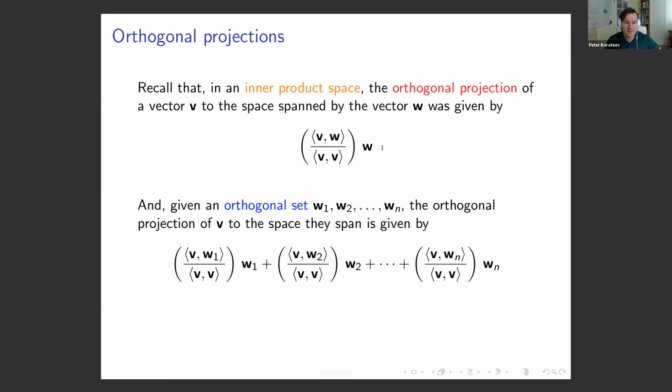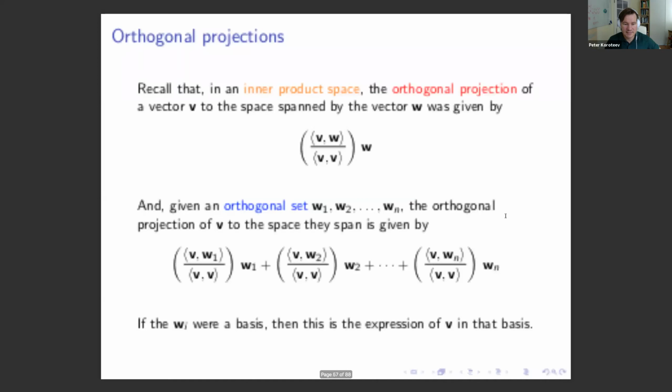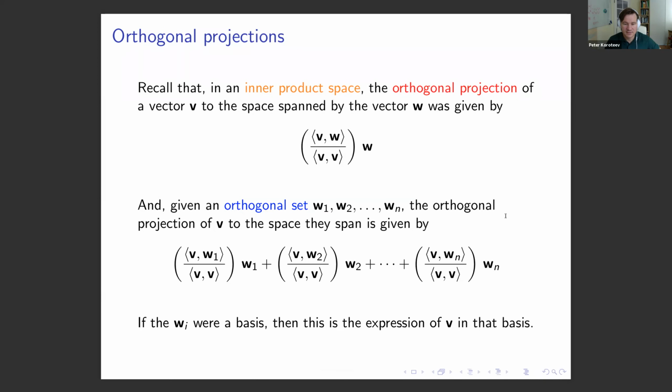And given an orthogonal set w1, w2, and so on up to wn, the orthogonal projection of v to the span is given by this linear combination with these projections as coefficients. So if the wi's were a basis, then this is the expression of vector v in that basis.